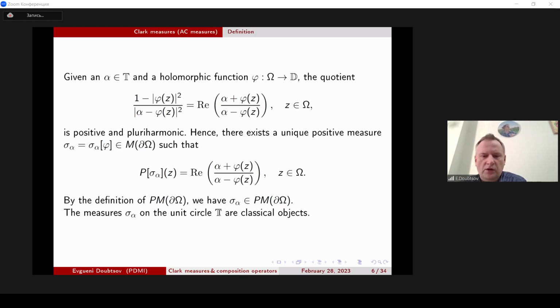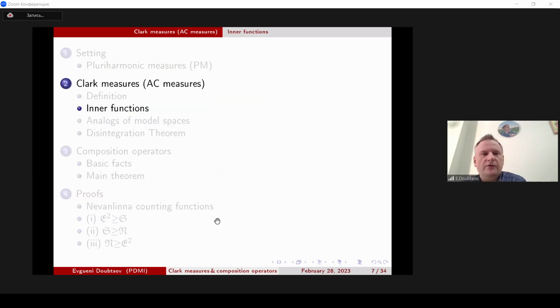Okay, so I mentioned here that these measures are classical, for at least 50 years they have been investigated and applied in various situations. And here I give several examples in several variables.